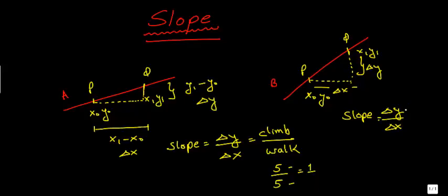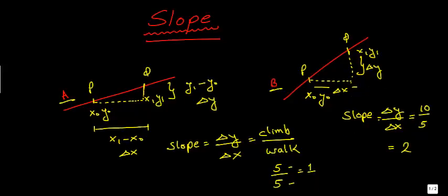Let's say in this particular case, since the delta y looks bigger than the delta y over here, the delta y is 10 for the same delta x of 5. So here our slope comes out to be 2, right? So we can say that the slope of line B is greater than the slope of line A. So line B is steeper compared to line A.